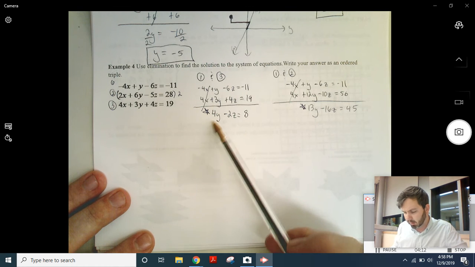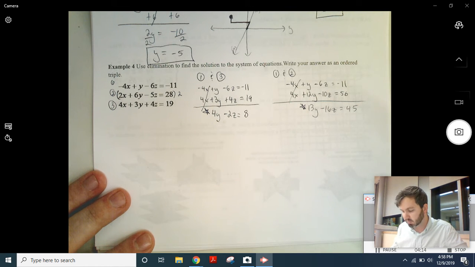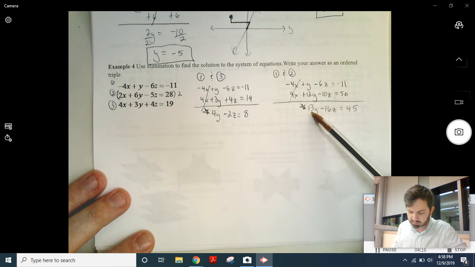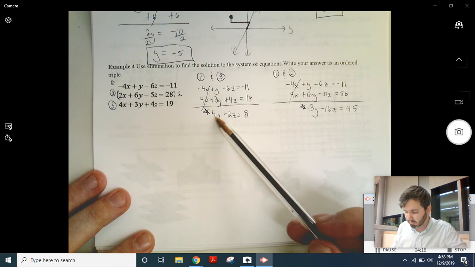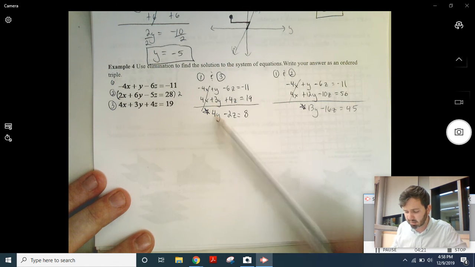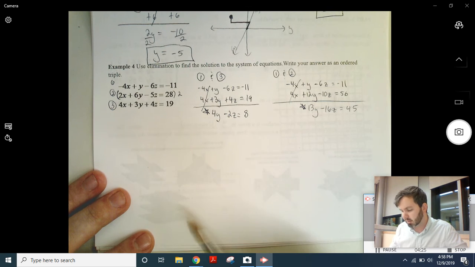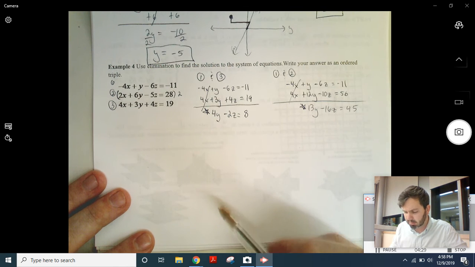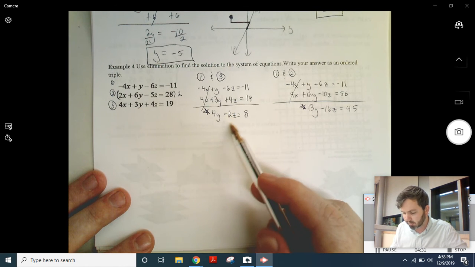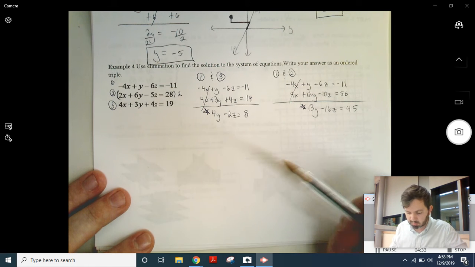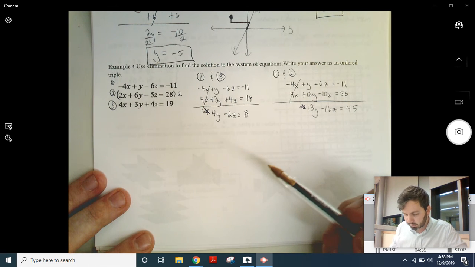We're looking at our variables and thinking about what's going to cancel really nicely. Right away, 13 I don't like. 13 doesn't really multiply into anything that I know of easily that would go into 4. But -2 and -16, that's okay. The problem is that they're both negative, so I'd have to multiply by a negative, which is okay. That's not a huge problem. So let's go ahead and do that.